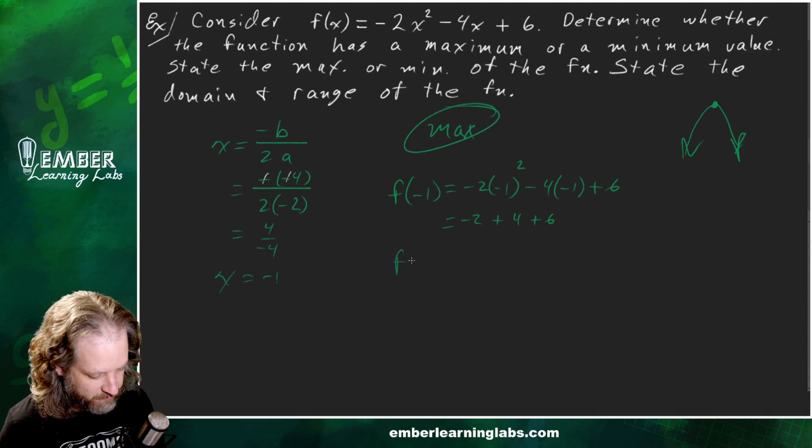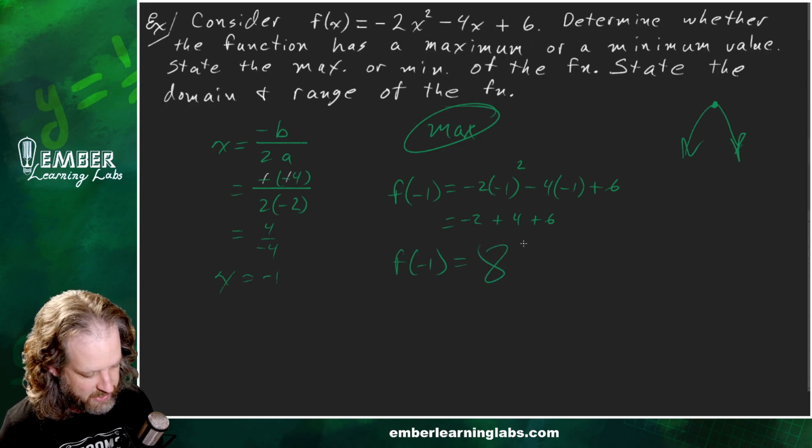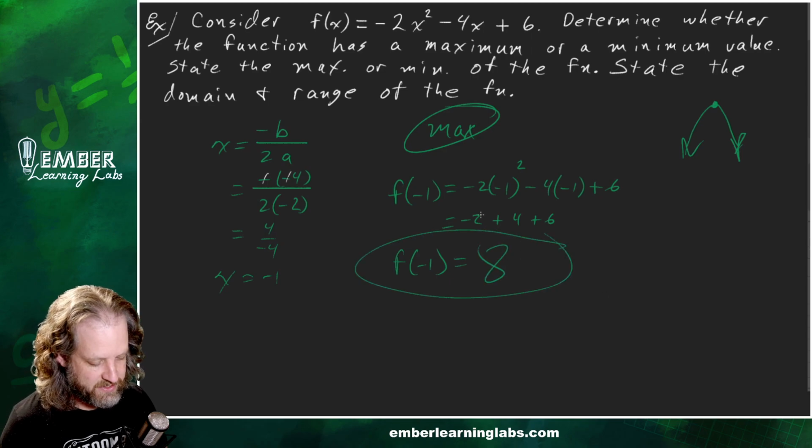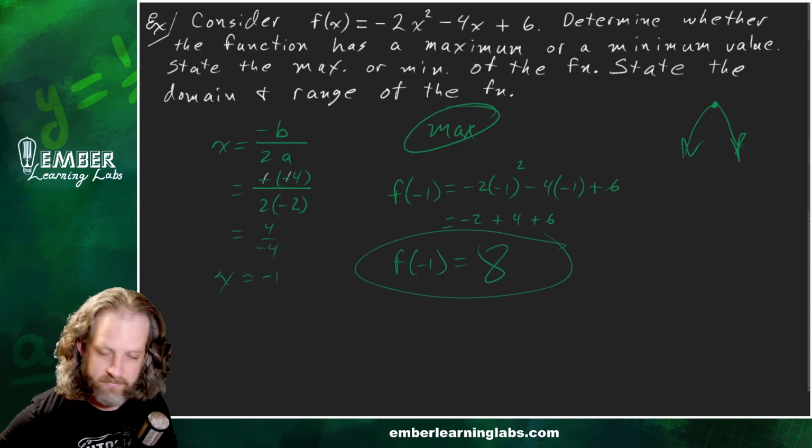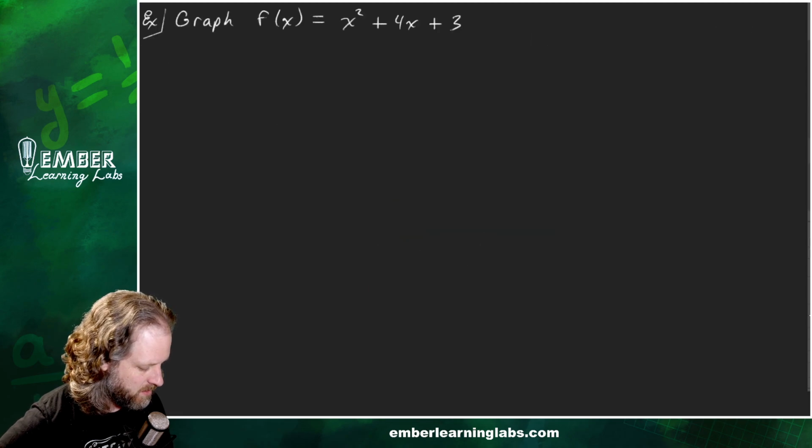So f of -1 equals 8. That is the maximum. 8 is the maximum place on this graph. Easy peasy.